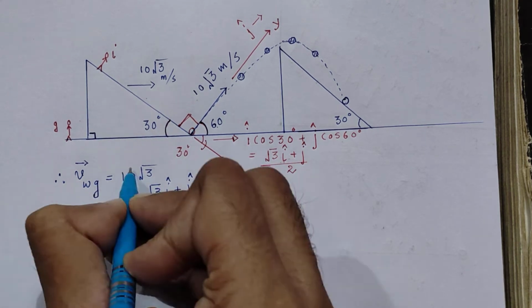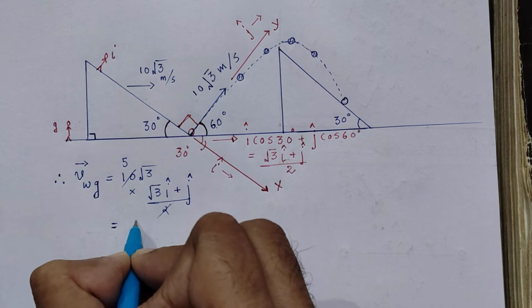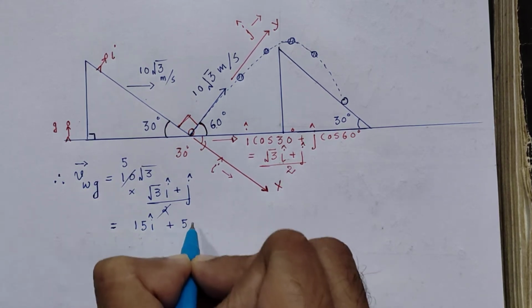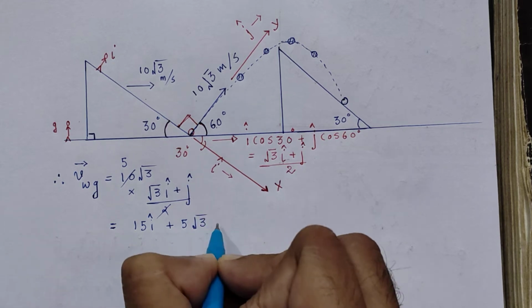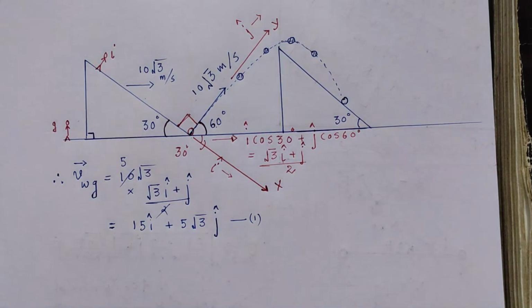So if we do the cancellation, 5 root 3 into 3 root 3, that will give me 15 I cap plus 5 root 3 j cap. This is velocity of wedge with respect to ground.